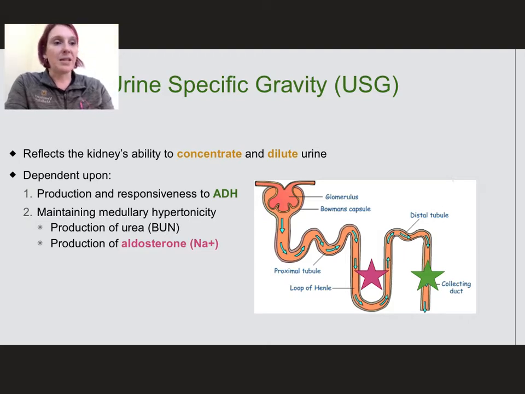We also see resorption of water here at the level of the collecting duct, which is where our friend antidiuretic hormone, or vasopressin, operates in terms of expression of aquaporins and drawing of water back into the interstitium. So in our kidney, we need functioning at both of these levels to have concentrated urine. So it's one of the things that we keep a close eye on.